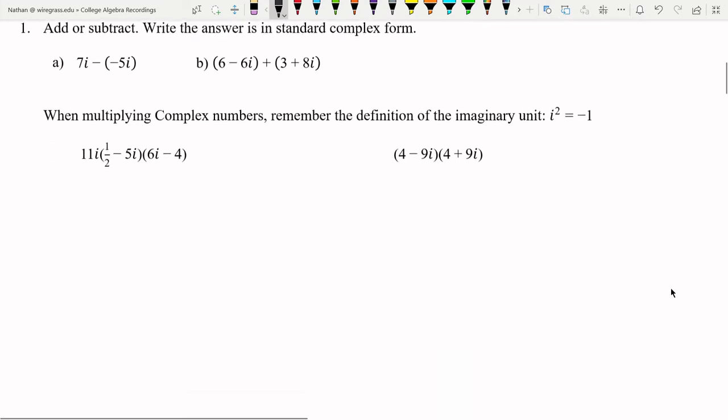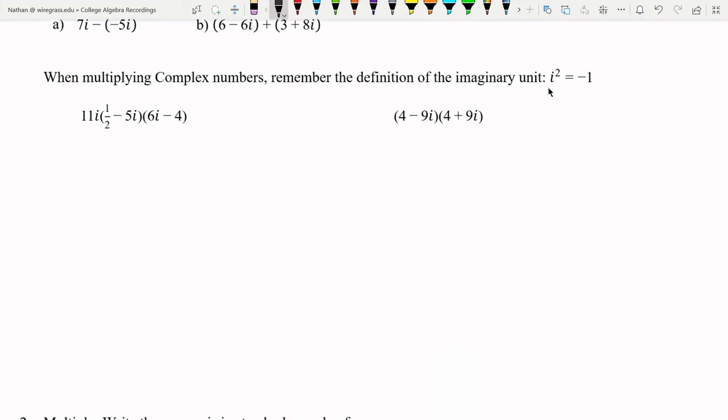Now, when multiplying complex numbers, you need to keep in mind this definition: i squared equals -1. But multiplying them is just multiplying any kind of polynomial. You're going to use distribution a whole lot. So for this first one, let's distribute the 11i into this first term. We're going to get 11 over 2i minus 55i squared.